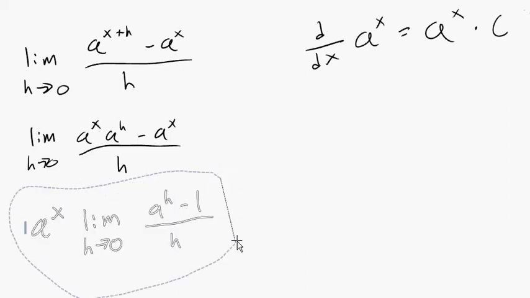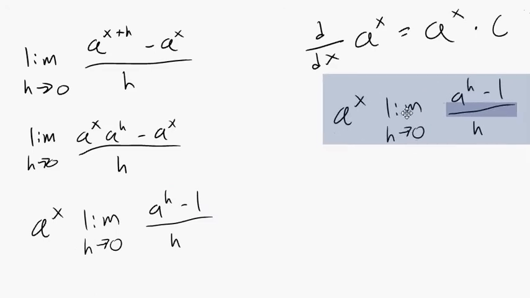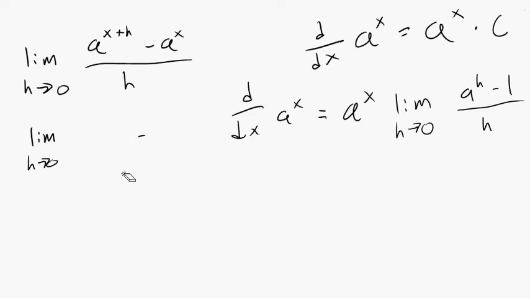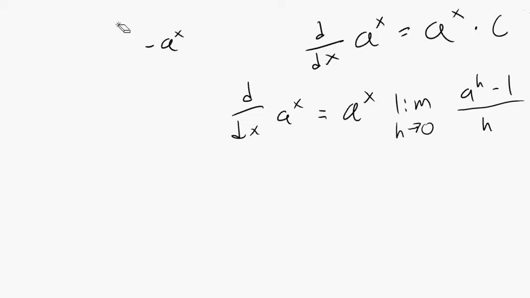So that's our derivative. Our derivative of a to the x equals a to the x times the limit as h approaches 0 of a to the h minus 1 over h, which will just be some constant value. So then, if you wanted a function that was its own derivative, you'd have to make a number such that the limit of that number to the h minus 1 over h as h approaches 0 equals 1.